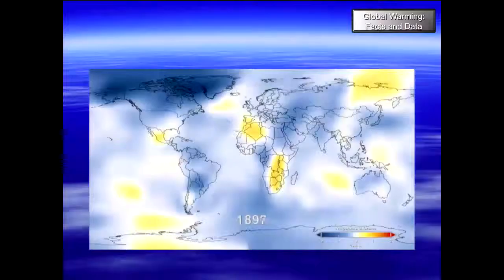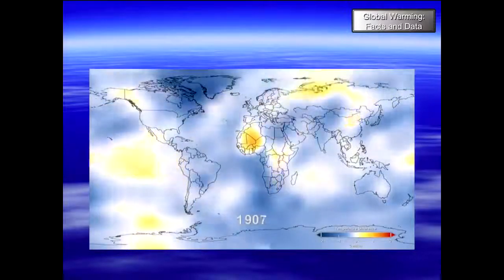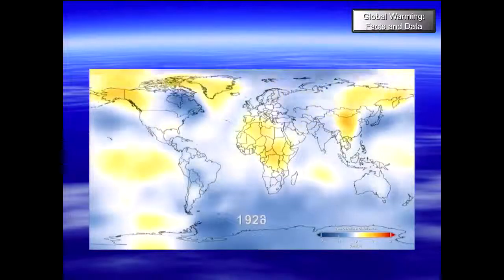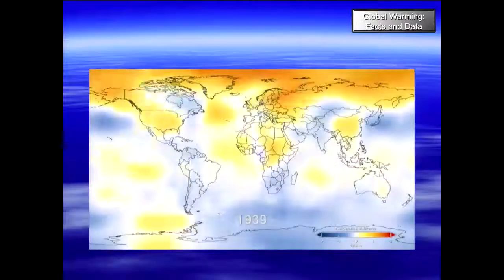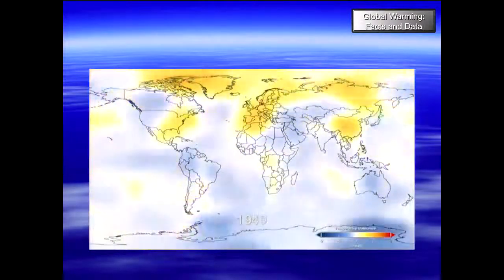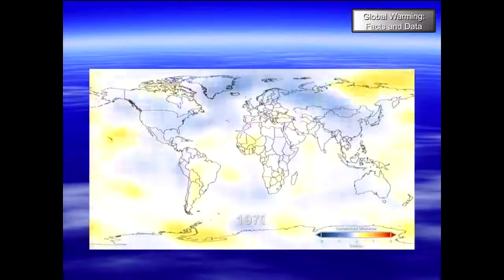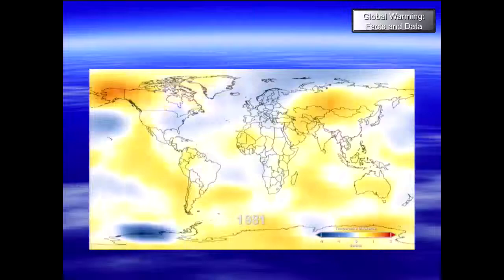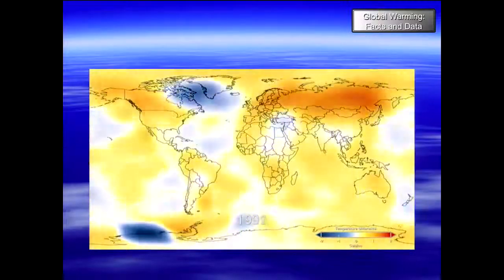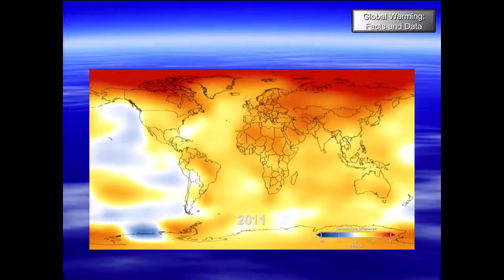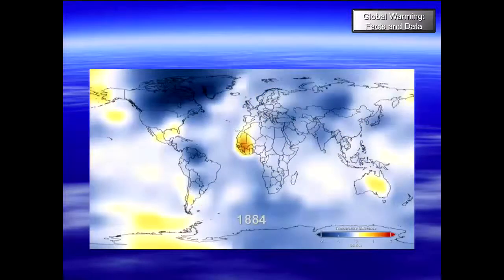So starting in the 1880s, there are locations on the Earth where for a few years it gets a little cooler. And there are other locations where it gets warmer. But as the years and the decades go by, on average, the Earth is getting warmer and warmer. Some spots get colder. Look at that. But most of the Earth is warming.